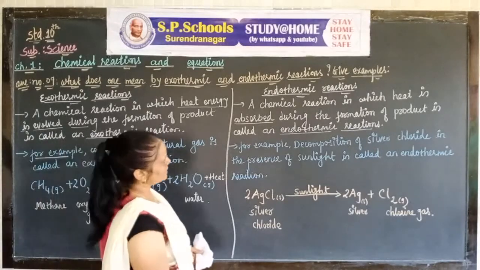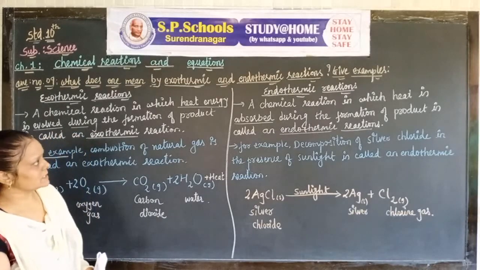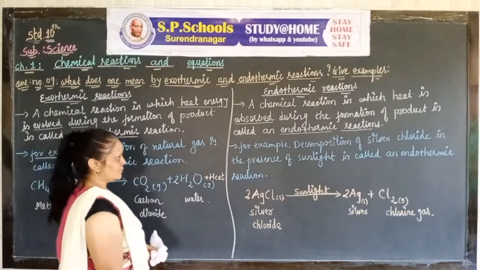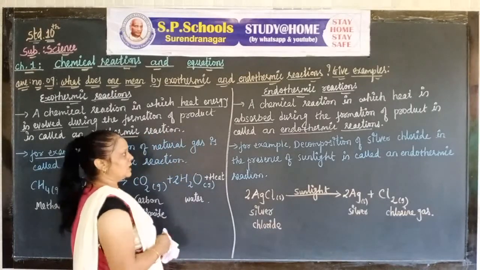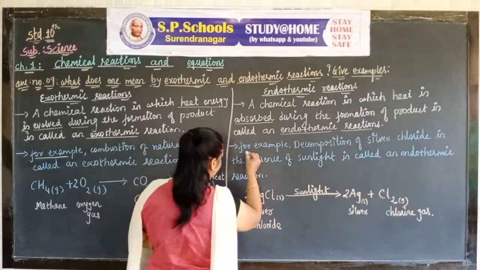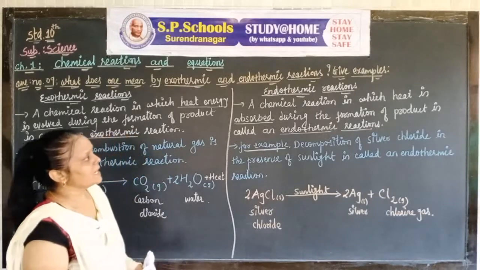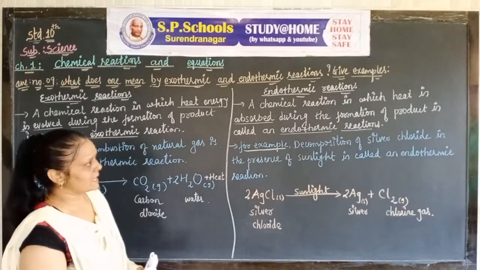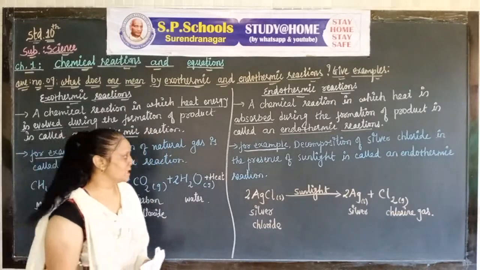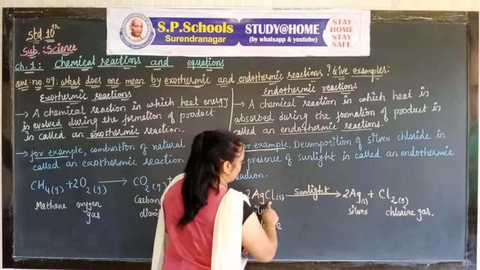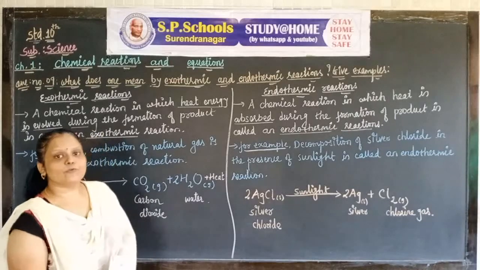Another is endothermic reactions, a chemical reaction in which heat is absorbed during the formation of product is called an endothermic reaction. For example, in the activity we took silver chloride, and with silver chloride we also took AgBr, silver bromide, which in presence of sunlight gives Ag plus Br2, bromine gas.